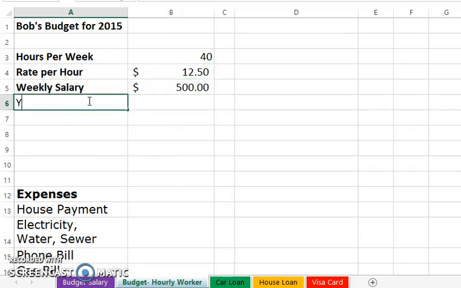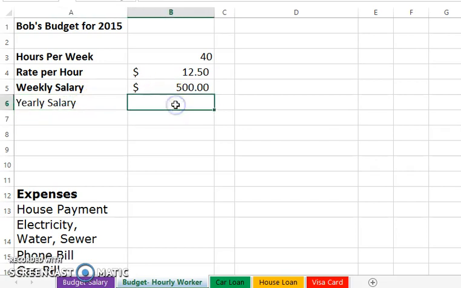The yearly salary is going to be this 500 times 52 weeks in a year. There's 52 weeks in a year, so this guy's going to make $26,000.